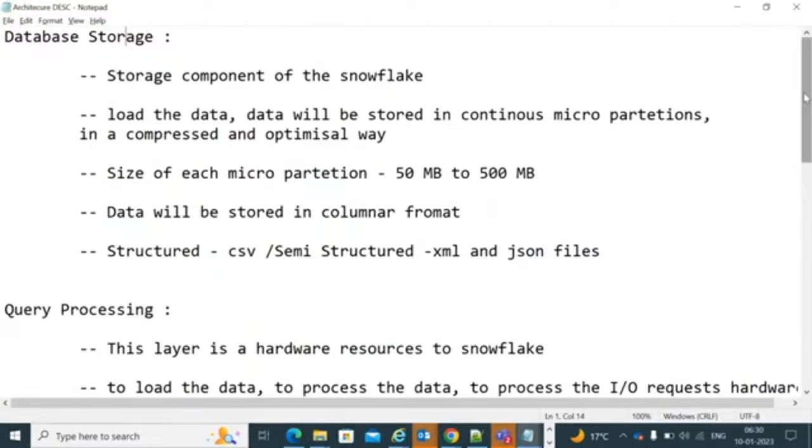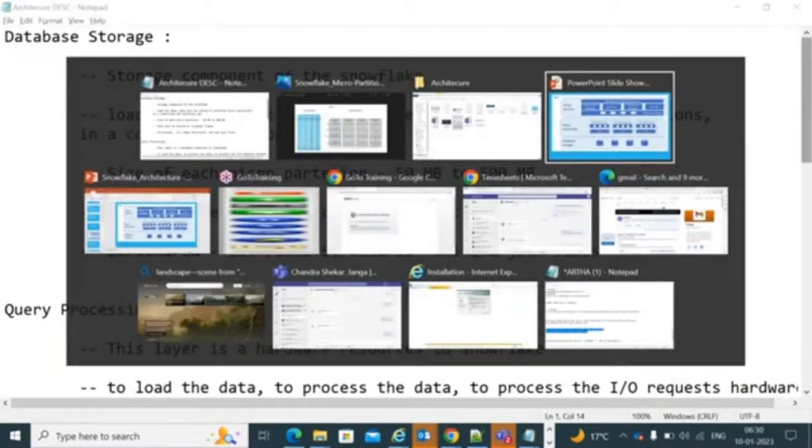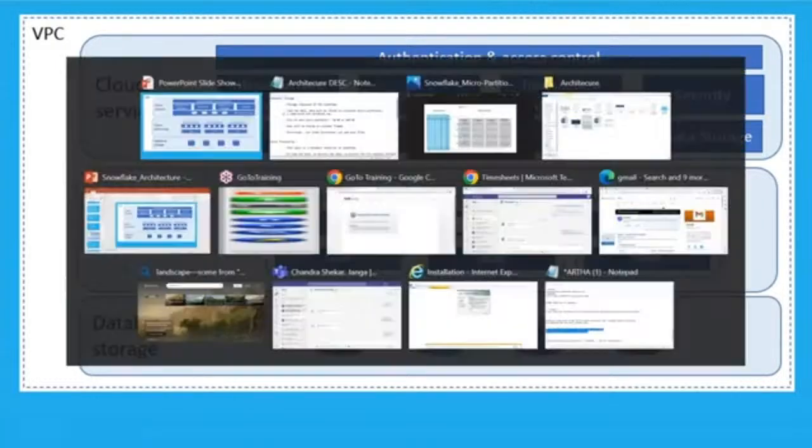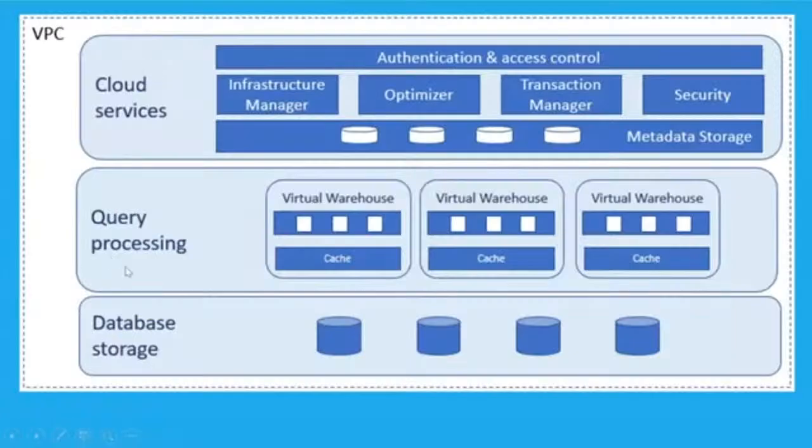Super. Now next. We are done with the database storage layer discussion, and then we'll go to the query processing layer. As this database storage layer is important in your Snowflake, this query processing layer is also very important. In a single word, this query processing layer is the virtual compute warehouse.